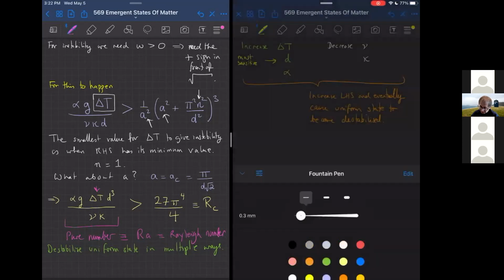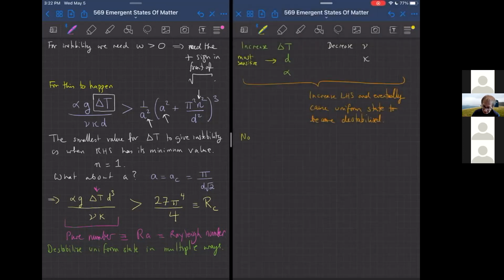We can also think of this the other way around, which is what stabilizes the system. Increasing nu or kappa stabilizes the system, and they both come in the denominator of this Rayleigh number.